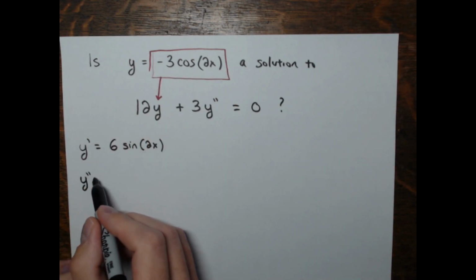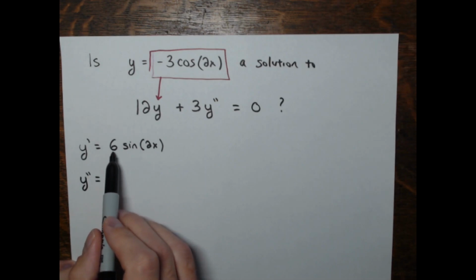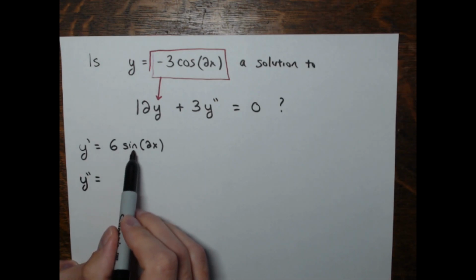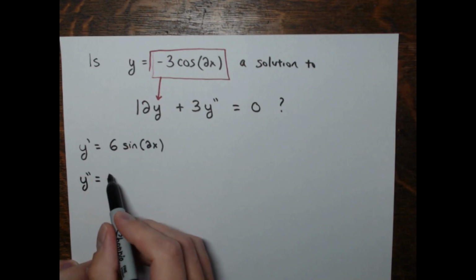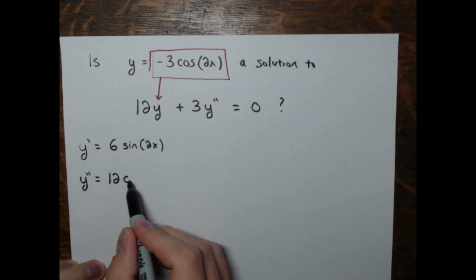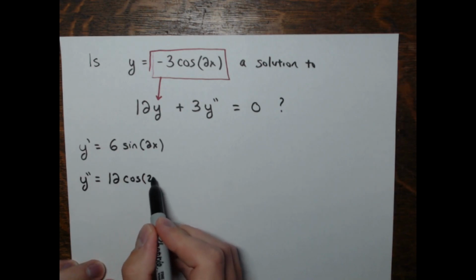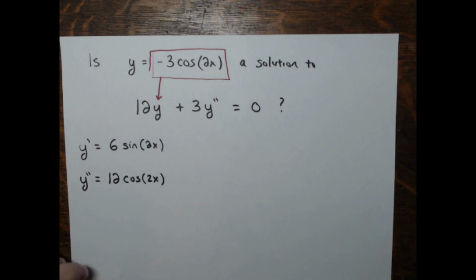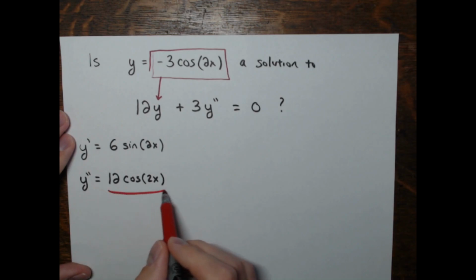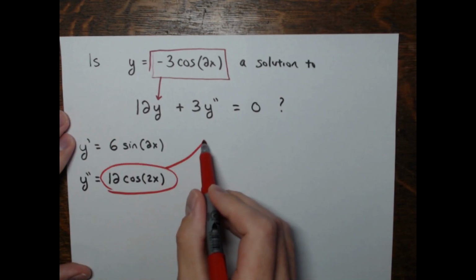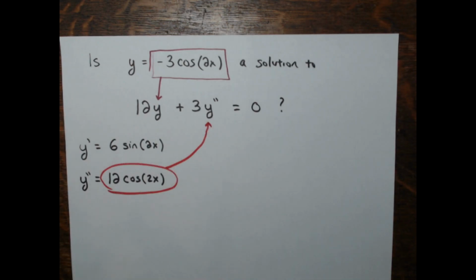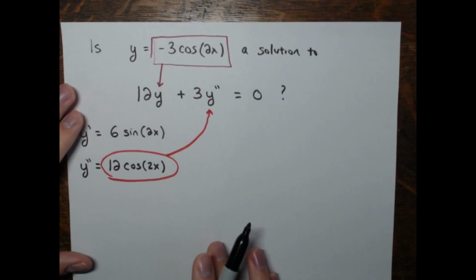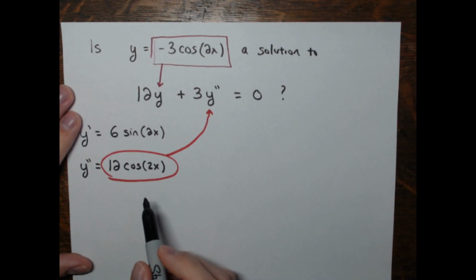And then the second derivative, that would be 6 times, and then the cosine of 2x times 2, that'd be 12 times the cosine of 2x. Now I've got the second derivative, y double prime, that's going to go in here. So let's make these substitutions, get everything in terms of the independent variable x, and see what we got.